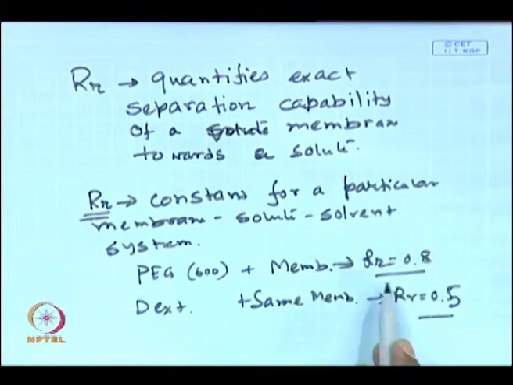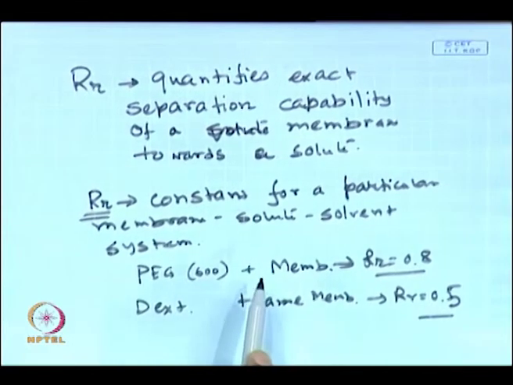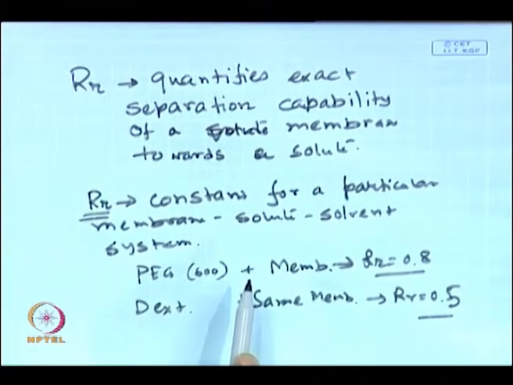This value of real retention is fixed for a particular membrane solute system, and mostly we are talking about aqueous solutions, where the solvent is more or less water. So, for different solute and membrane combinations, the value of the real retention becomes constant. So, it becomes an intrinsic property of the membrane towards a particular solute.